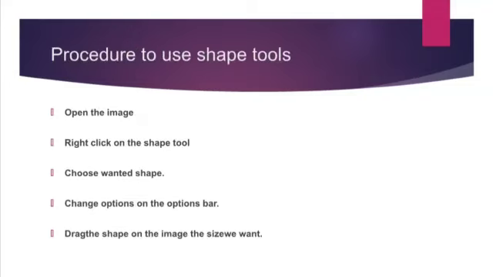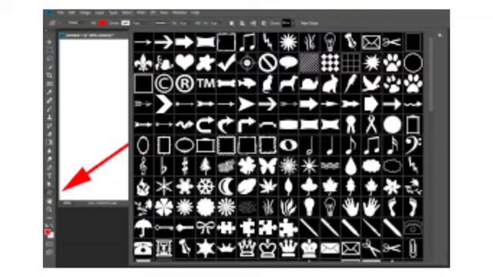The procedure to use the shape tool is: open the image and right click on the shape tool. Then automatically the shape options bar will be displayed. Here we can choose either rectangle, rounded rectangle, ellipse, line, polygon. Different shapes are available in this options bar, or we can select the custom shape tool also.